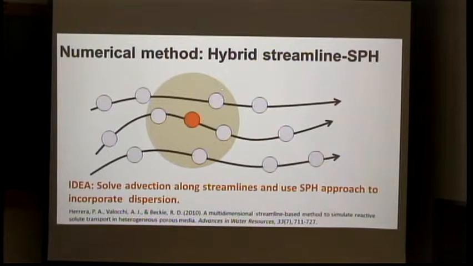Then we use a meshless method to come up with terms to account for transverse dispersion. It is a very accurate numerical method for this kind of problem, because we can simulate just the effect of longitudinal dispersion and then add transverse dispersion to see if it makes a difference. And we will see that it does.